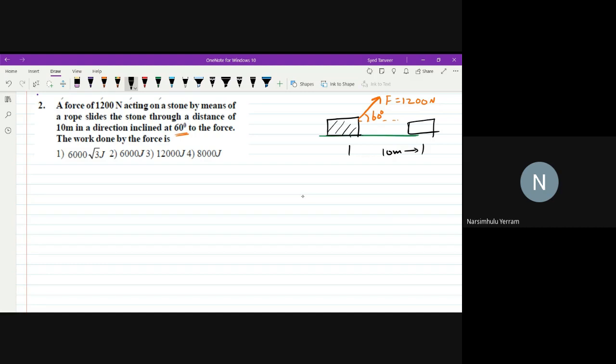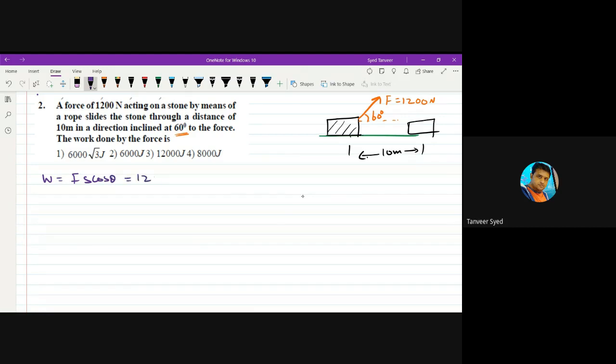Now the point here is, you can apply Fs cos theta. W is equal to F s cos theta.